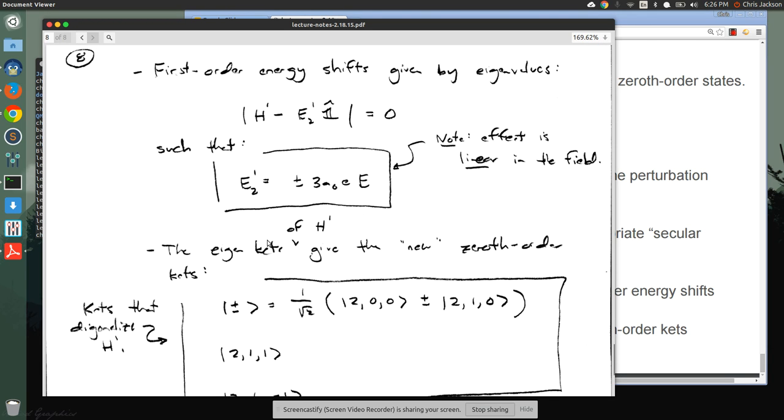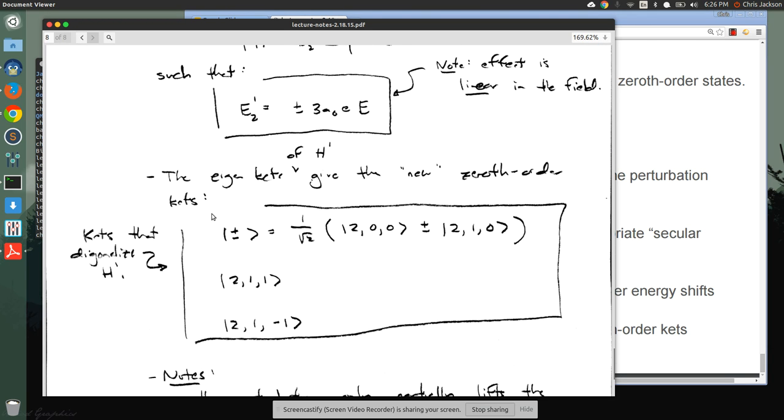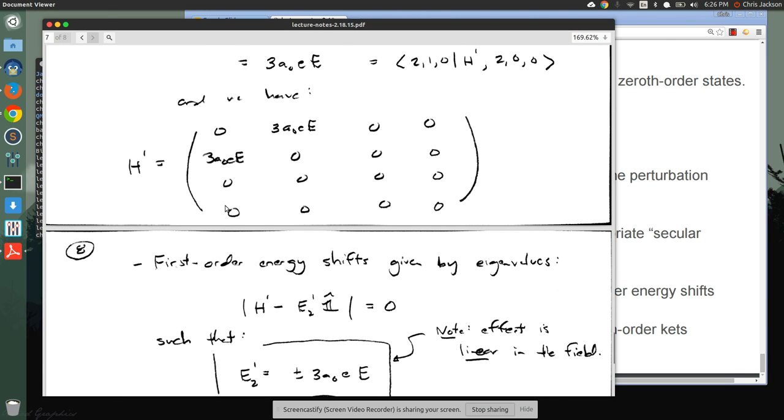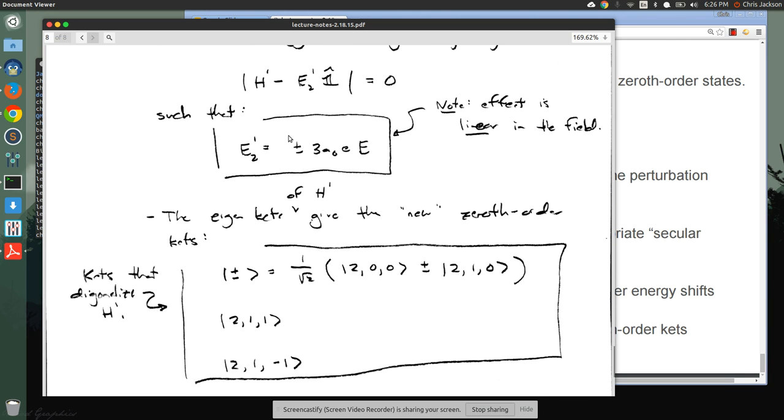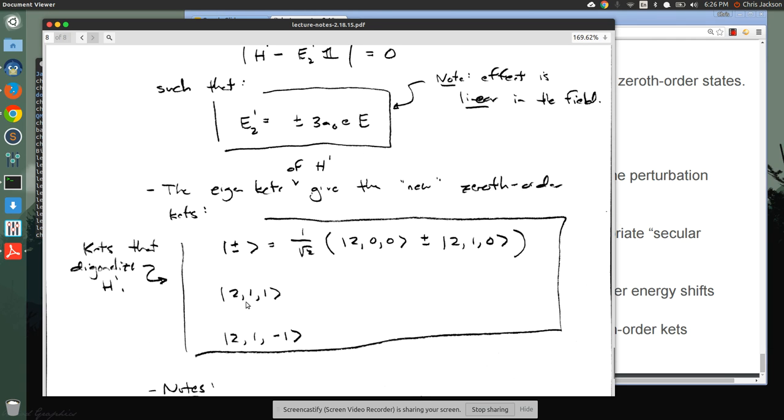And you can also compute the new eigenkets. And again, those are easy because this is basically a 2x2 matrix, right? 2 of these guys stay the same, right? So remember, that's what I was saying, that we had a 4-fold degeneracy, and we only got 2 non-zero eigenvalues out of the secular equation. So it's telling us that we only partially lifted it, right?